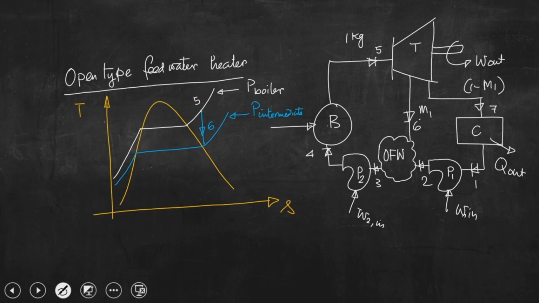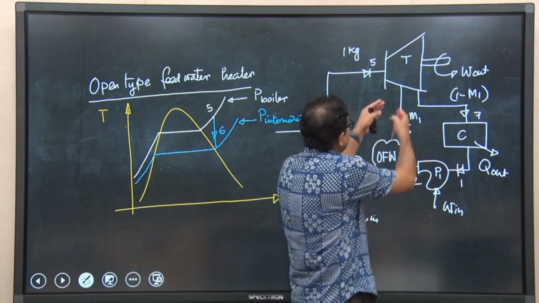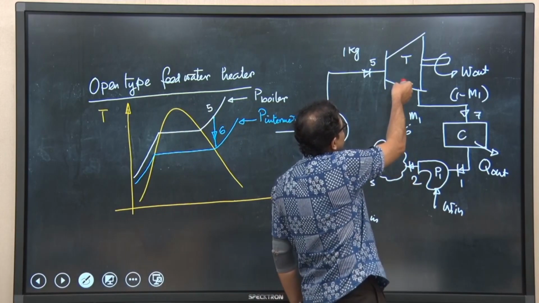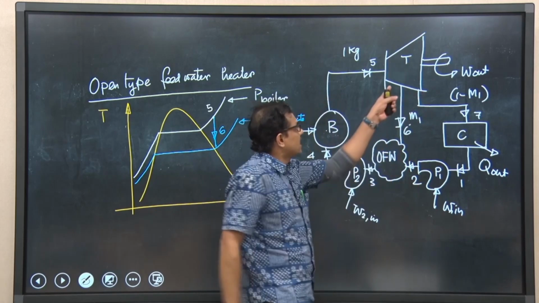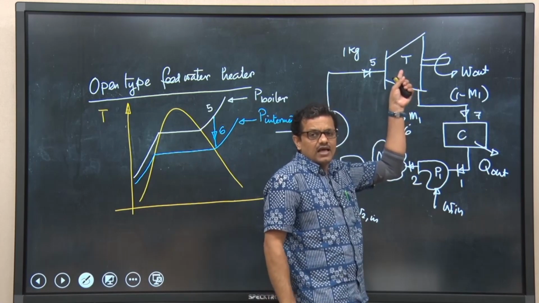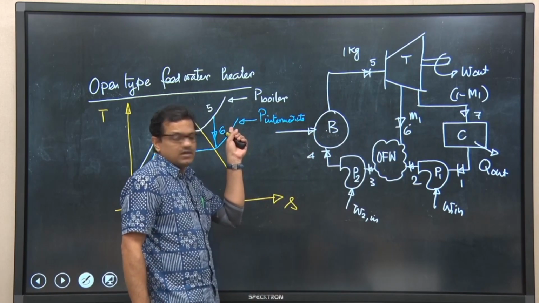So, the higher the temperature of steam extracted from the turbine, the higher will be the temperature of the feed water heater. At the same time, you also need to ensure, depending on the position at which steam is extracted, if we allow steam to expand, that the intermediate pressure is very important.